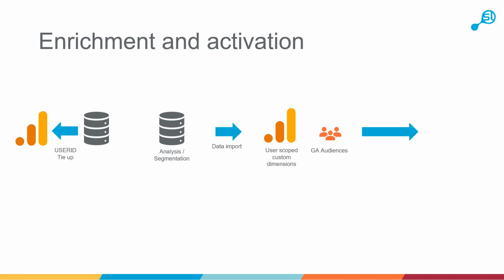And then from that, we can actually activate and push these audiences to the ad platforms, but also a web optimization platform called Google Optimize or Optimize 360. And we can do various things with it once they're in these platforms.